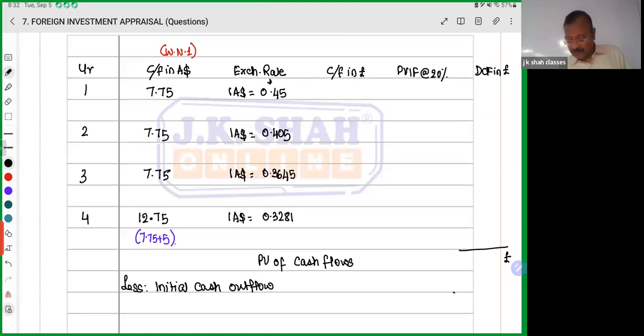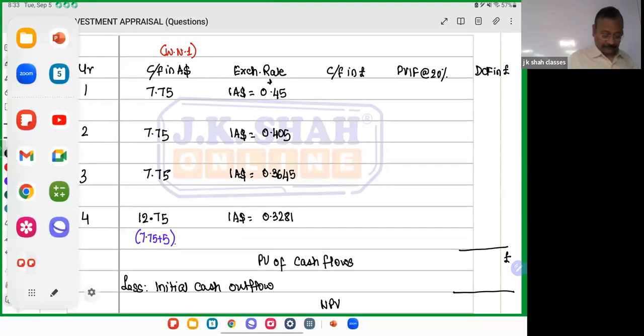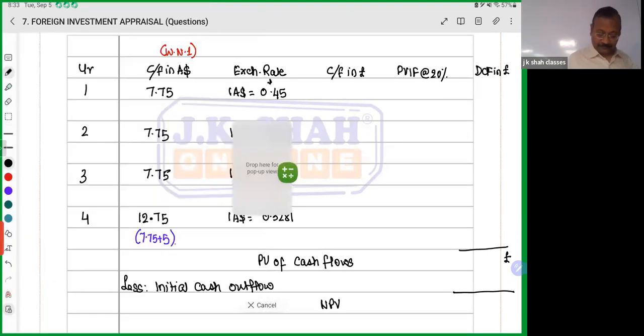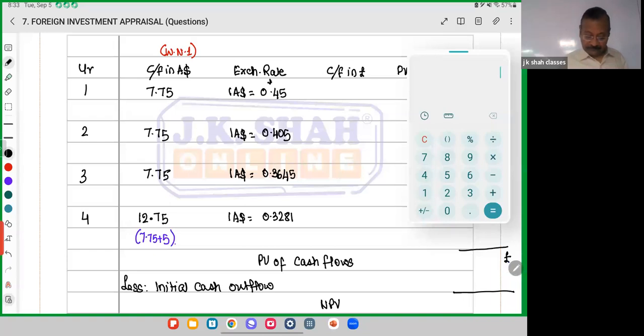Less initial cash outflow, and this should give us the NPV. $7.75 into 0.45, 3.4875.